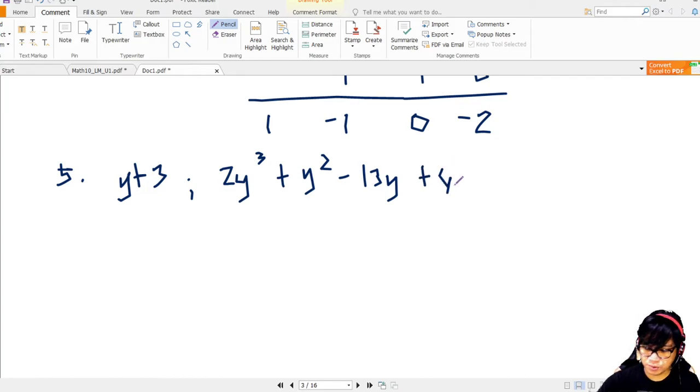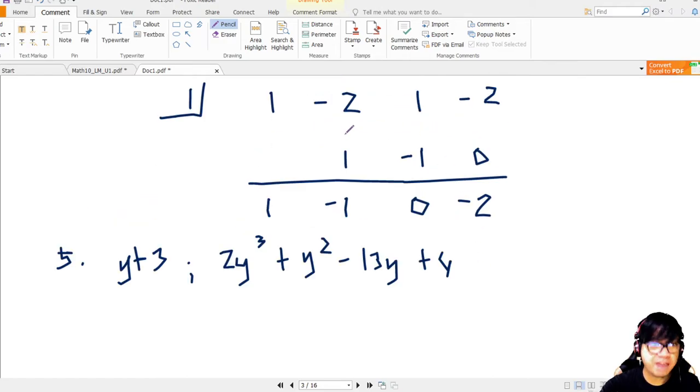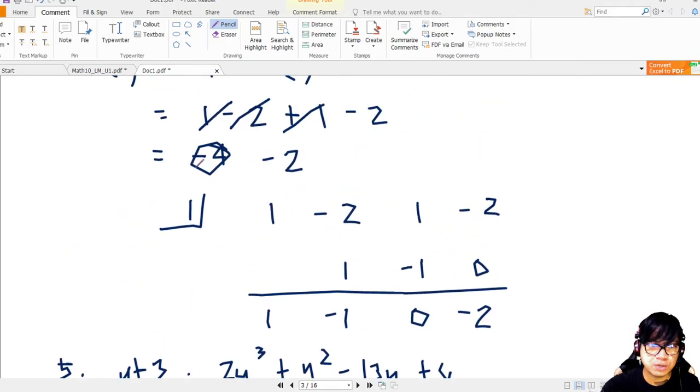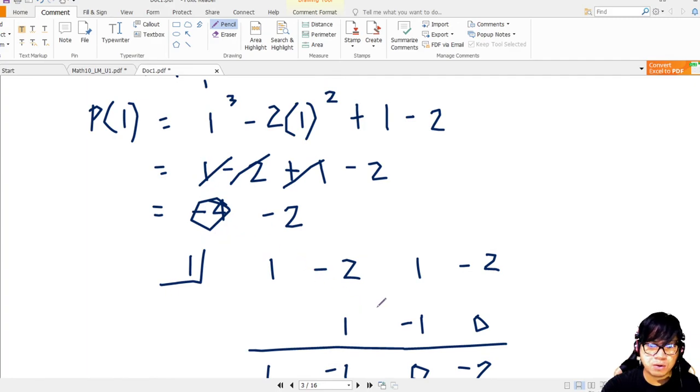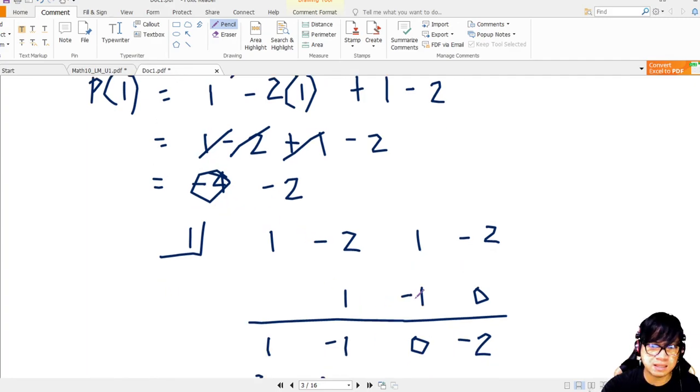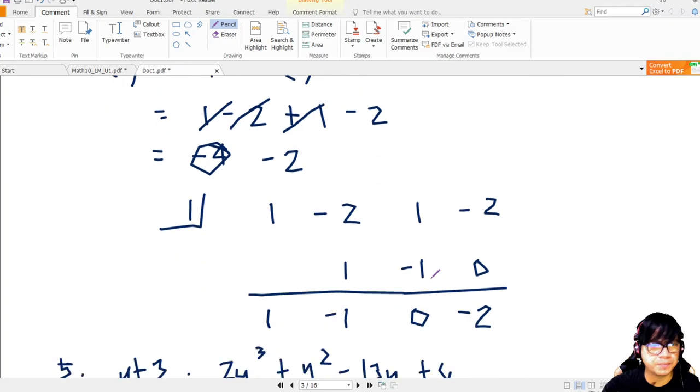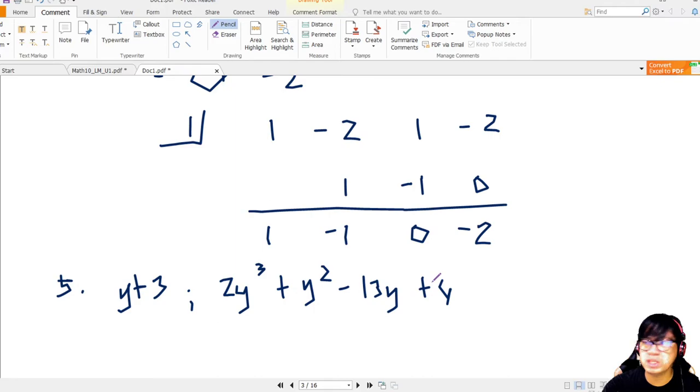So, nakita nyo yung importance ng pag-verify, kasi 'di ba mali yung sagot natin dito sa using remainder, pero yung verify natin using the synthetic division, na found out natin na may something wrong with our answer. So, kung hindi kayo pretty sure sa sagot talaga ninyo, you have to verify using another method, which is synthetic division, calculation, or evaluating polynomials. So, for checking, double checking. Importante yun siya kung di tayo sure sa ating sagot.